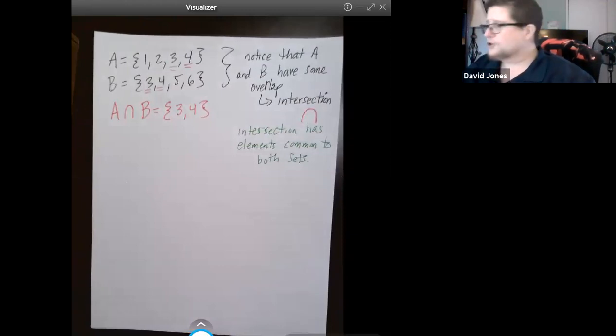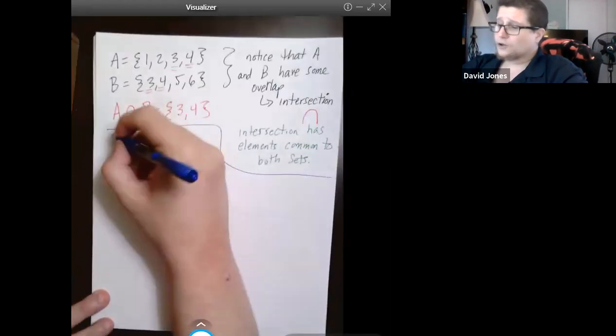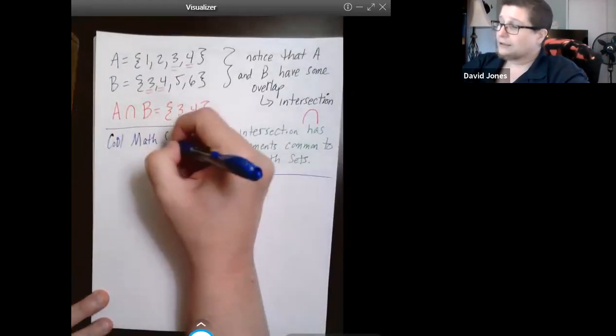I'm going to introduce you to a couple more cool math symbols. They're just shortcuts for writing out things that mathematicians end up saying a lot. They look like things you know. I think they're cool because we use them for abbreviations and they look familiar.